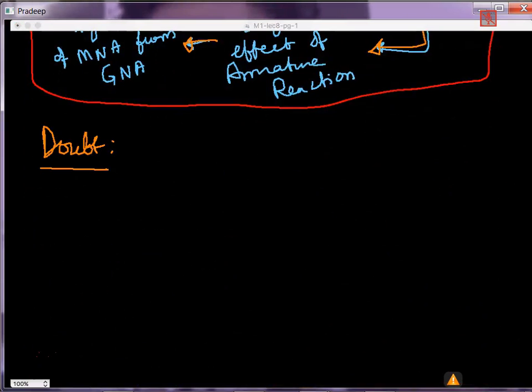So this is a doubt asked by JNTU KUCEV. Okay, so what is cross magnetization?